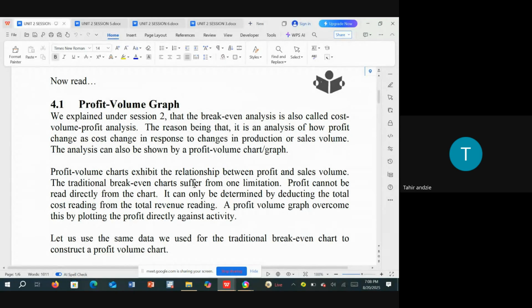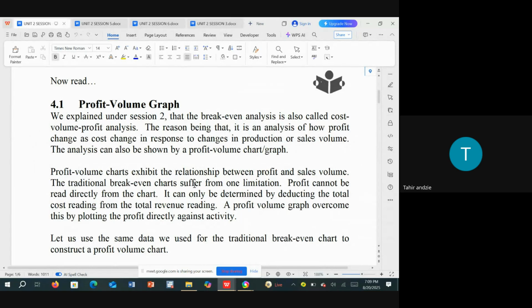If there are changes in cost, what happens to profit? So that is what we are doing. The analysis can also be shown by a profit volume chart or graph. The profit volume chart or graph exhibits the relationship between profits and sales volume.